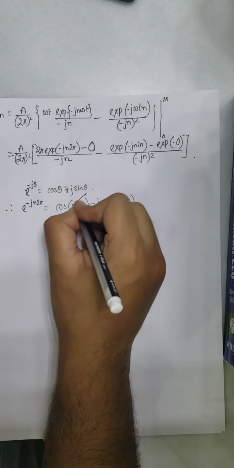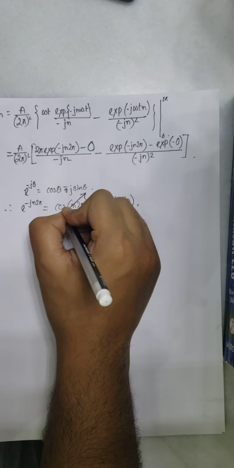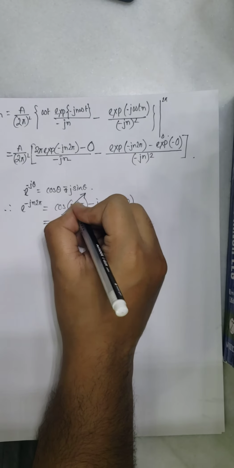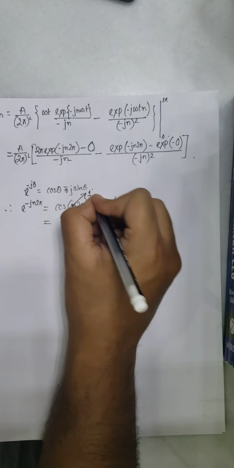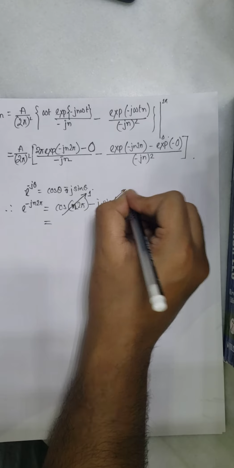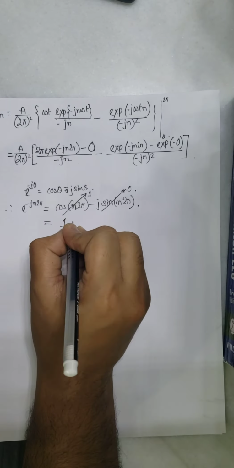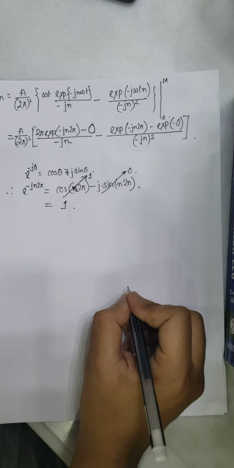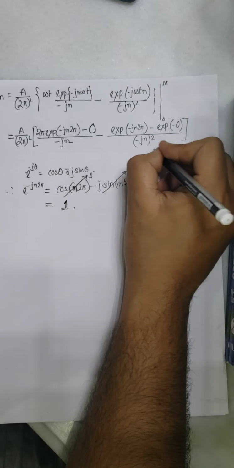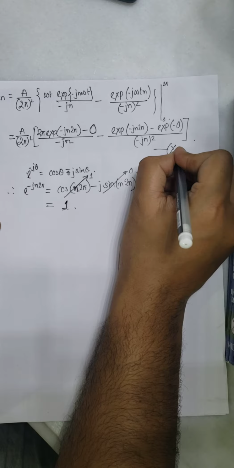And as we have seen before, whatever may be the integer value of n, this will always become 1 and this will always become 0. So this value is equal to 1. And replacing this value in this equation, let us mark it as xa.